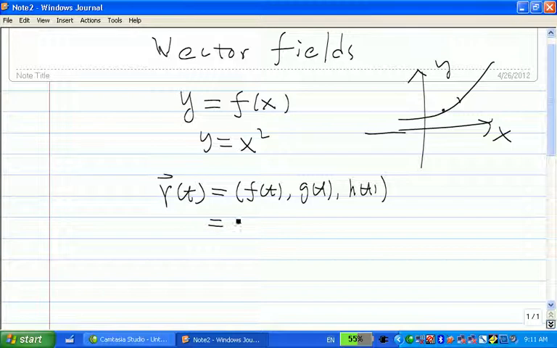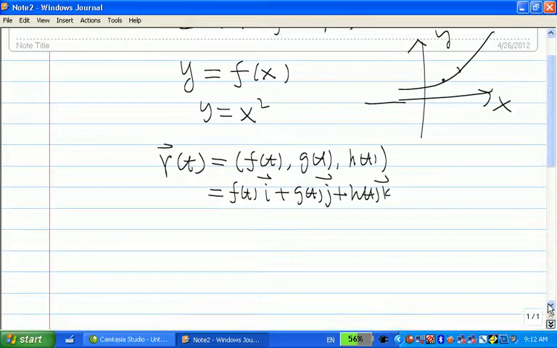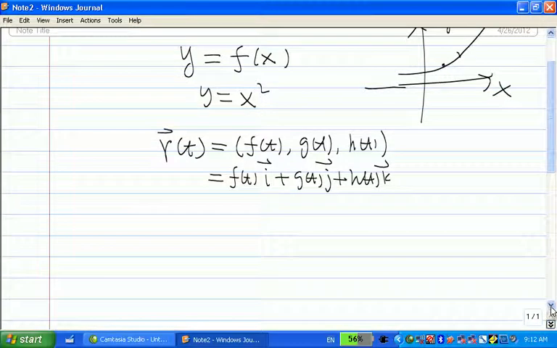Or you can write in this form: f(t) i, where i is a vector, plus g(t) j plus h(t) k. For this type of function, the independent variable is t, which is a scalar, but the dependent variable r is a vector. So what's the graph of that?